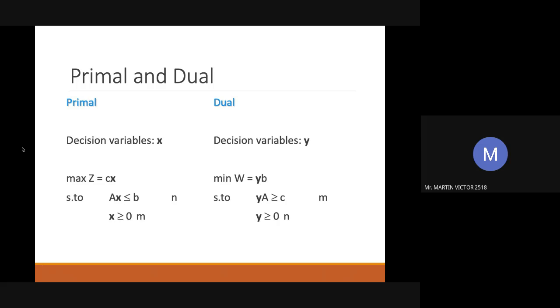That will be the decision variable for the dual. When a maximization problem is given, it will be written as minimization in the dual. Then we can even change the variables, and all the row-wise structure can be taken into column-wise structure, and column-wise structure can be taken into row-wise structure. That is what I have shown here.